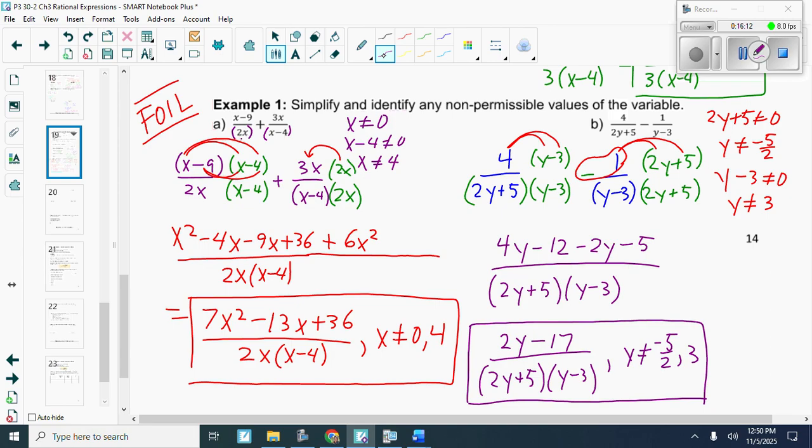And you can't take anything out of 2y minus 7. So if you're going to factor or simplify anything, once you've collected your like terms, you would just say, can I factor that? And if you can, do it, and then you would see if you could cancel. So you want to keep your denominator in factored form.